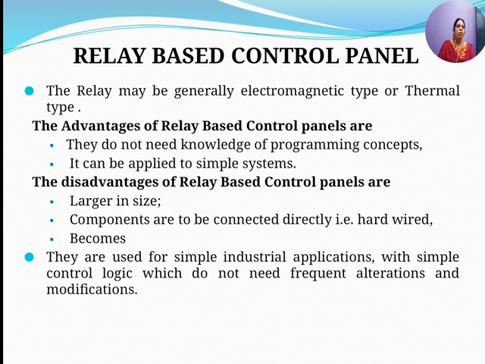It can be applied to simple systems. The disadvantages of relay-based control panels are that they are larger in size and heavier also. Components are to be connected directly, that is, hardwired. They are used for simple industrial applications with simple control logic, which do not need frequent alterations and modifications.